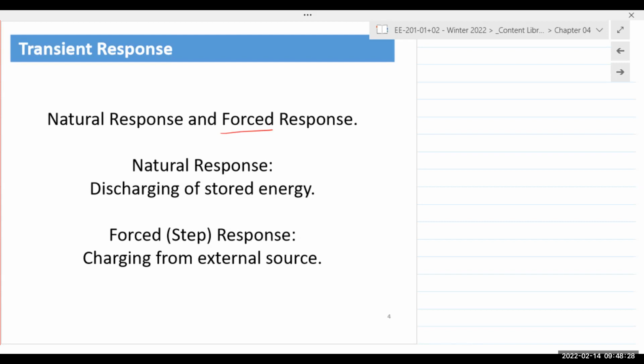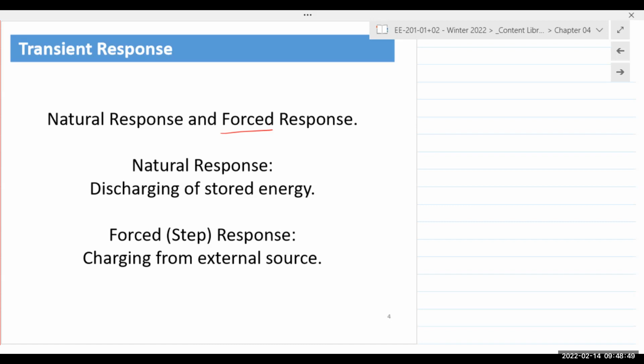Chapters 1, 2, and 3, we have a voltage source or a current source connected to a resistor or a capacitor or an inductor, right? And then these resistors, capacitors, and inductors will have some voltages and currents. So these voltages and currents do not occur automatically in these components.